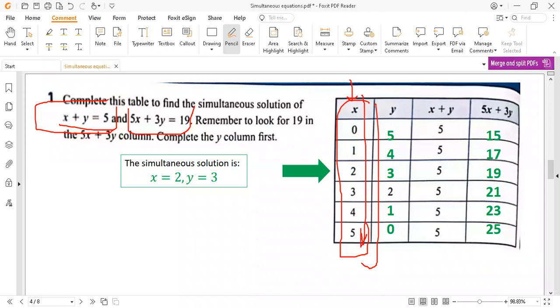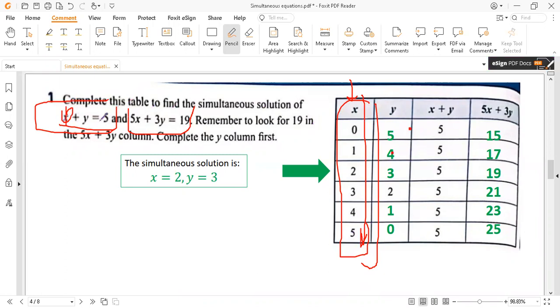Sometimes we need to go further, and sometimes not. So if we have x equal to 0, y equal to 5 minus 0 is 5. If x equal to 1, y equal to 5 minus 1 equal to 4.